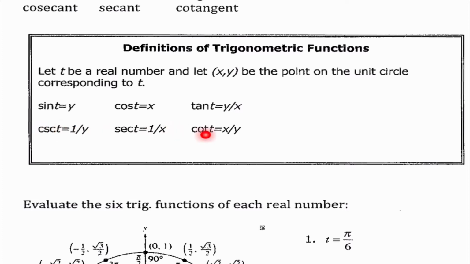And cotangent, secant, and cosecant are all reciprocal values. So I'm going to make a note here: on cosecant, y cannot be equal to 0. On secant, x cannot be equal to 0. On cotangent, y cannot be equal to 0. For tangent, x cannot be equal to 0. That gives us a little idea of our restraints here.